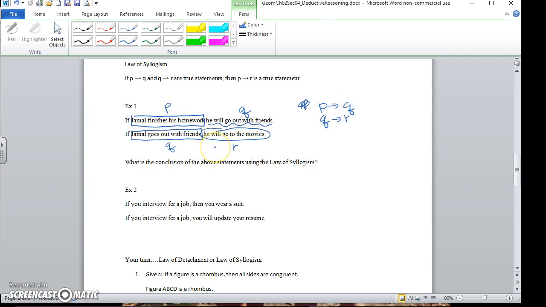So what would the conclusion be if I use the law of syllogism? So you can think about that for just a second if you want to. All right, so logically would follow that if Jamal finishes his homework, then he will go to the movies.